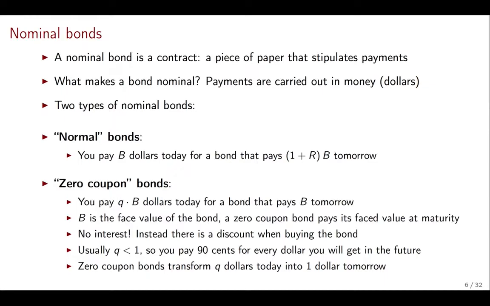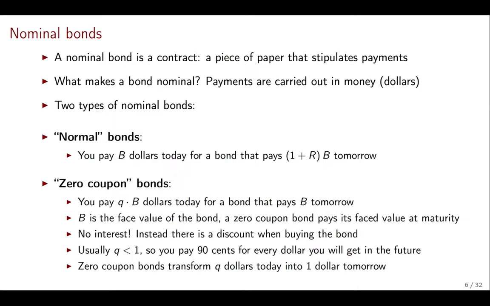B is still the face value of the bond, but a zero coupon bond pays its face value at maturity. In financial lingo, these interest payments are sometimes called coupons. And so a zero coupon bond is a bond that pays no interest. There is no interest, but in exchange, there is a discount when buying the bond. So usually you're going to find that Q is less than 1.